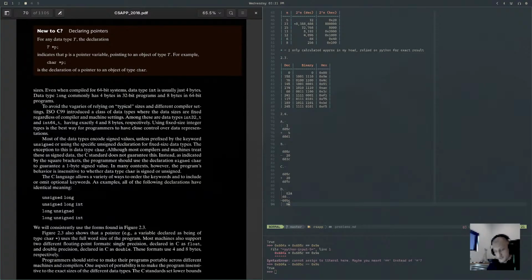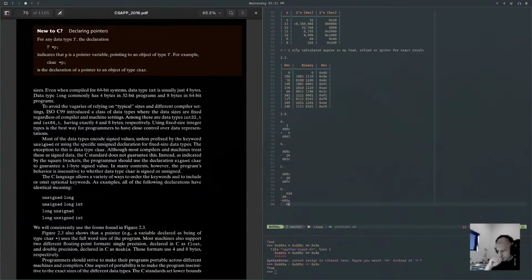Instead, as indicated by the square brackets, the programmer should use the declaration signed char to guarantee a 1 byte signed value. In many contexts, however, the program's behavior is insensitive to whether the data type char is signed or unsigned. The C language allows a variety of ways to order the keywords and to include or omit optional keywords.